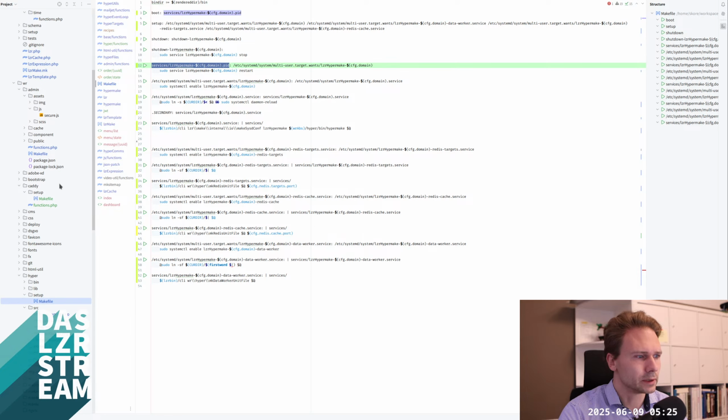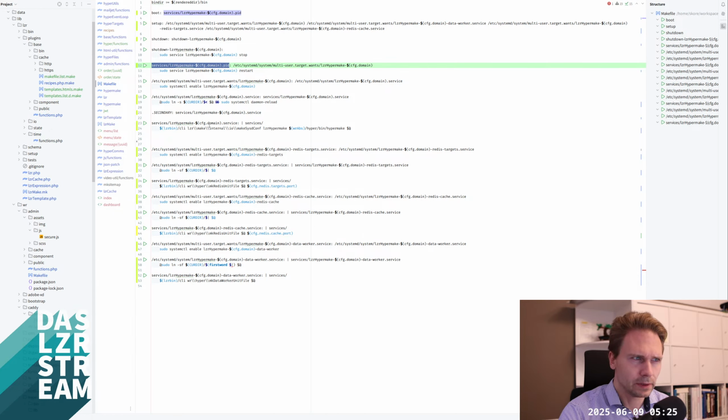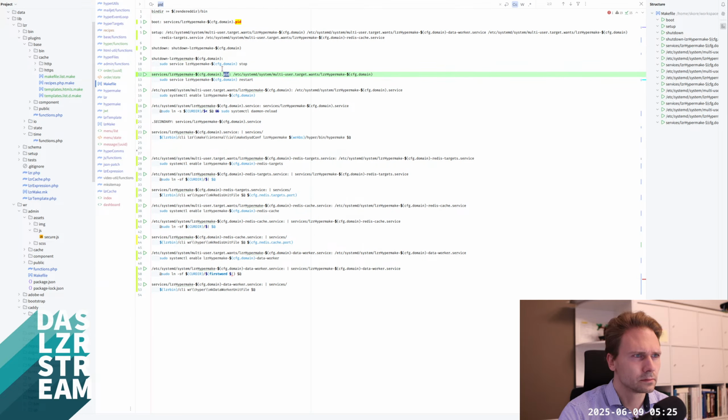Just resolve it dynamically. So that would mean... Where's the other ones here? Why do I not have these? It doesn't put out a PID file.